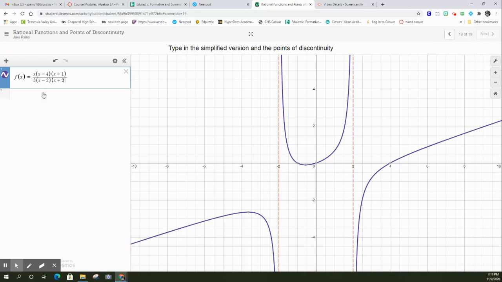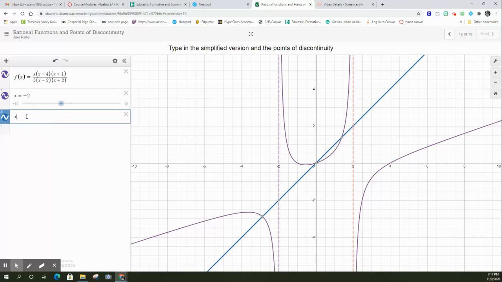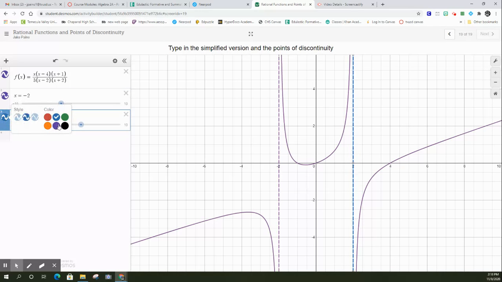So you can see it's the same graph. And again, how do I draw my asymptotes? x equals negative 2. You want to make that a dashed line. Make that purple. We want x equals positive 2. Dashed purple. And so we don't have any holes in this one, but that's our work.